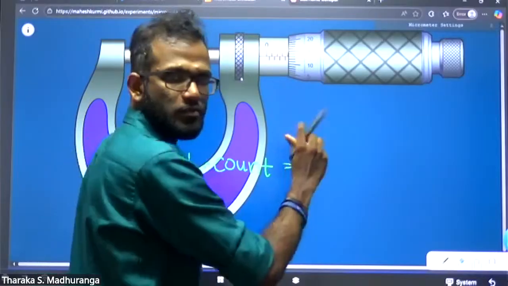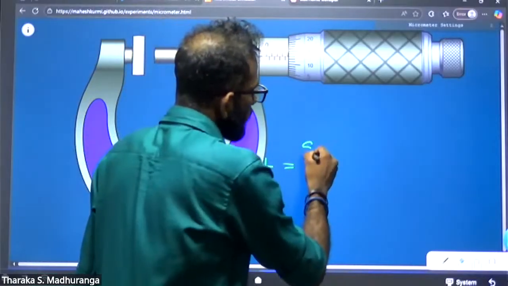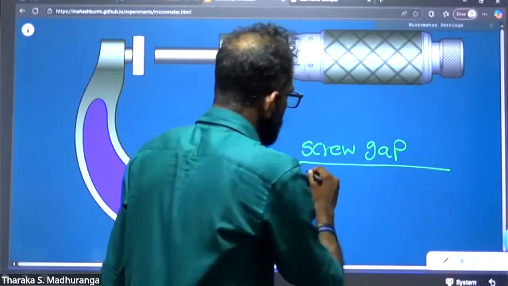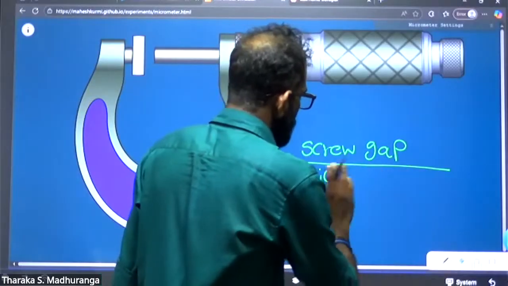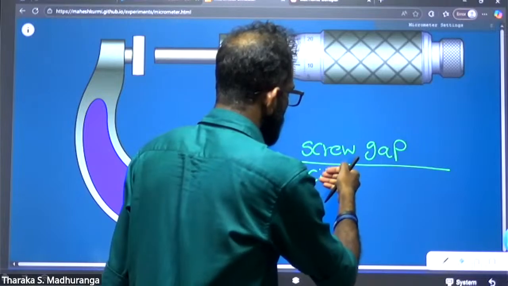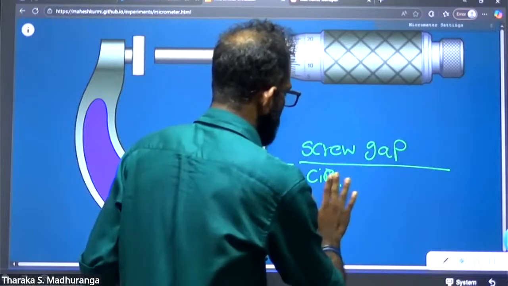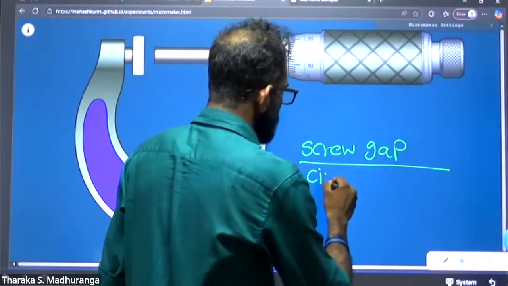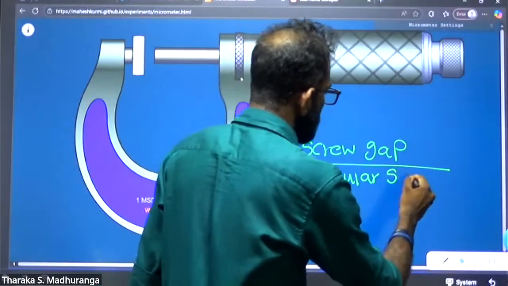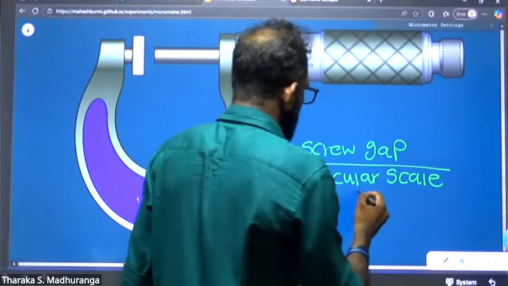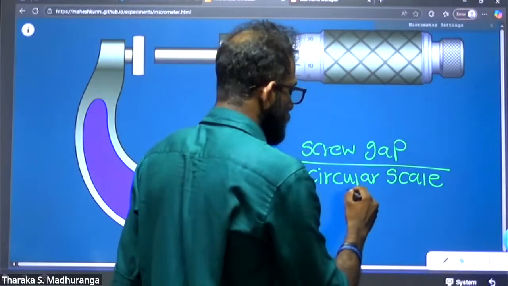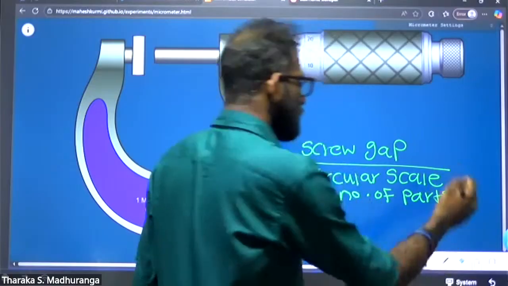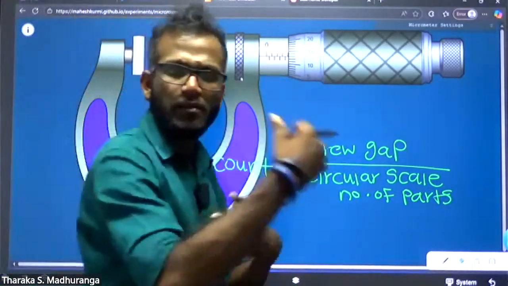We can calculate the least count by a small equation: the screw gap divided by the number of parts on the circular scale. This is for the normal micrometer screw gauge.